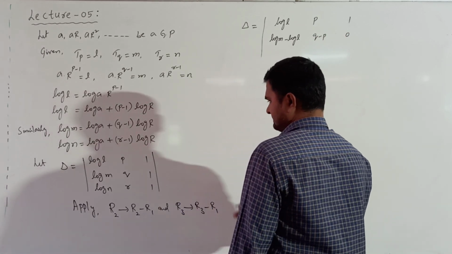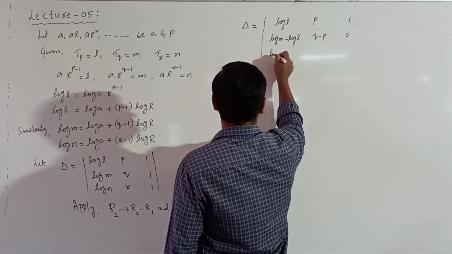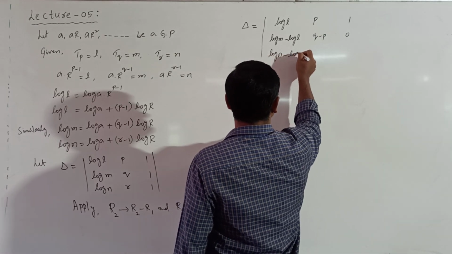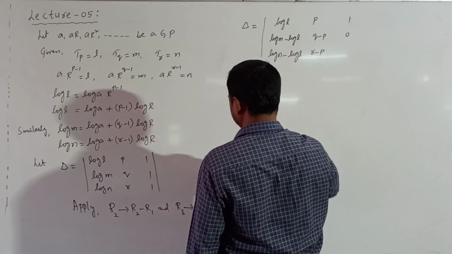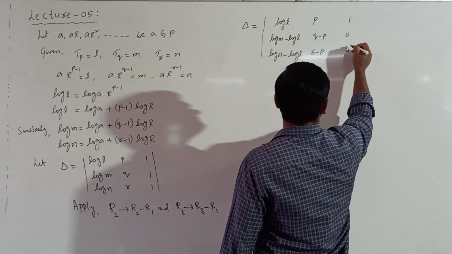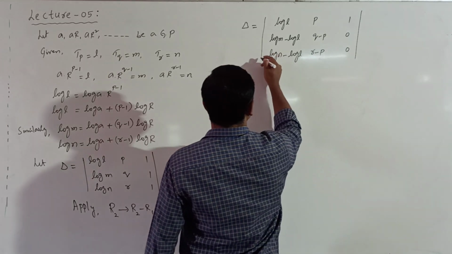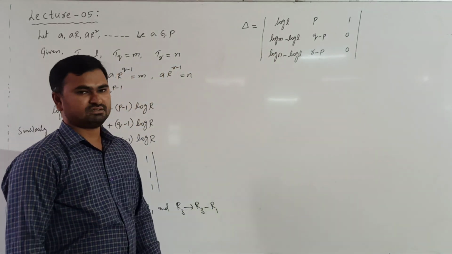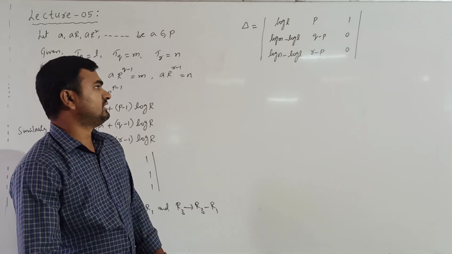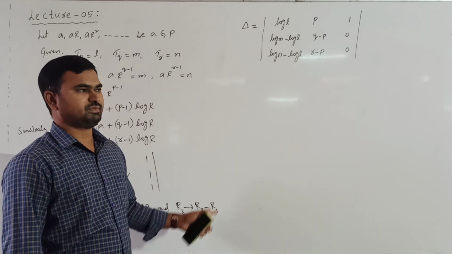And R3 is log N minus log L, R minus P, 0. So this is the determinant after applying the property.